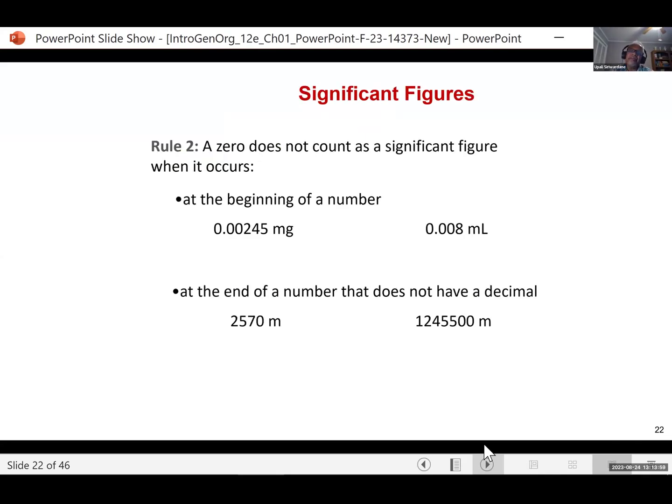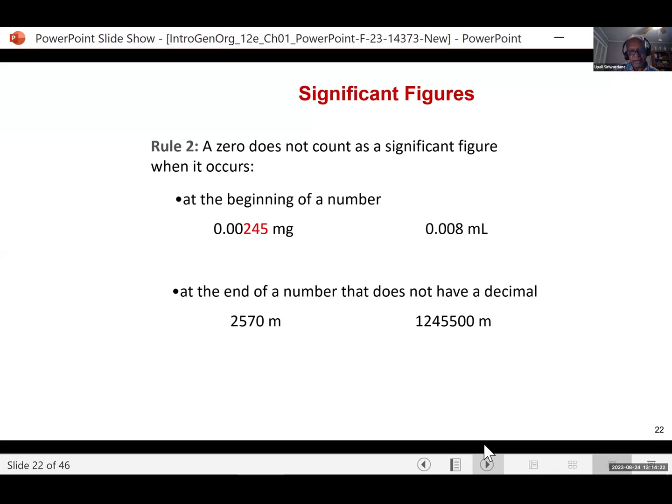Zeros do not count as significant figures at the beginning of a number. For example, 0.00245.